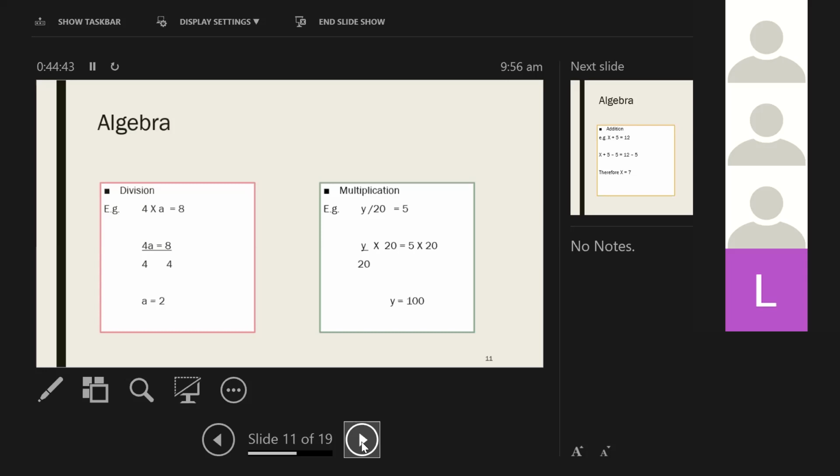I'm just going to show the people on Zoom. Okay, so there we go. You see, it all means the same thing, but it's written in a different way. You can have it as 4 times A, 4A, 4 open bracket A close bracket, all equal to 8.